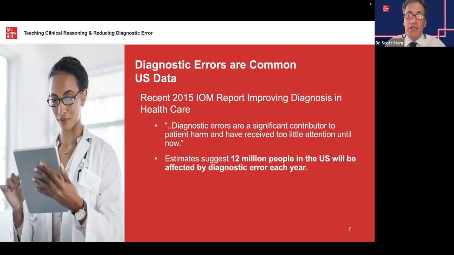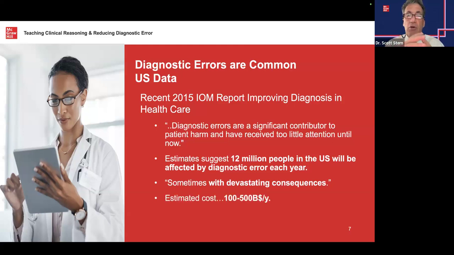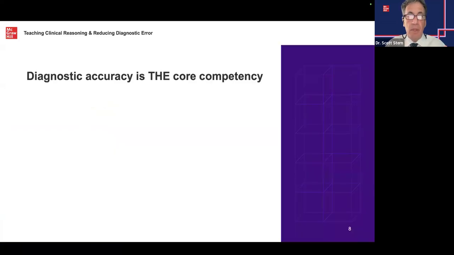And they estimated that a shocking 12 million people a year are affected by diagnostic error in the US, sometimes with devastating consequences and at an enormous cost. And even if these are overestimates by a factor of 2, it's still a remarkable number of errors and remarkable consequences. So we have a problem.